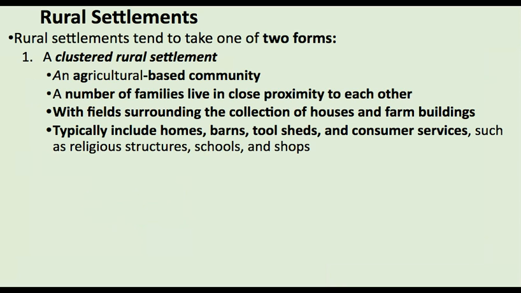So when we're talking about this idea of distribution of settlements and what they look like, rural settlements are going to be presented in two different forms. The first are referred to as clustered. These are pretty straightforward. A clustered rural settlement is an agricultural based community, meaning that the base of their economy, which was talked about at the end of the last PowerPoint, is agriculture.